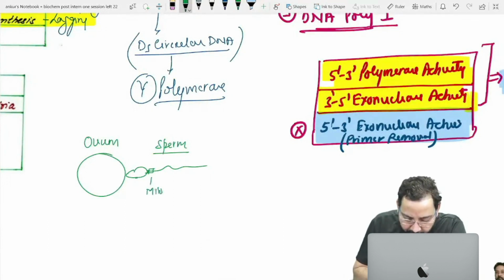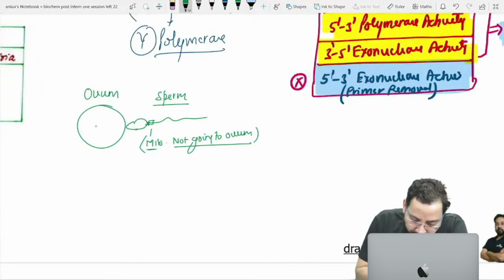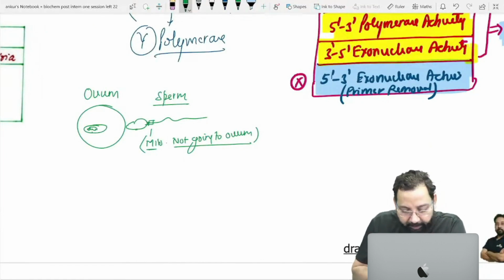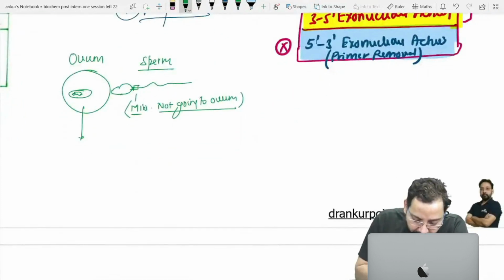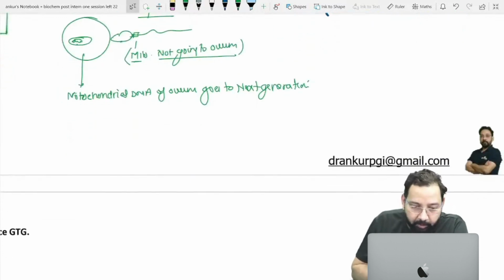So the mitochondrial DNA of the ovum is inherited. The mitochondrial DNA of the ovum goes to the next generation.